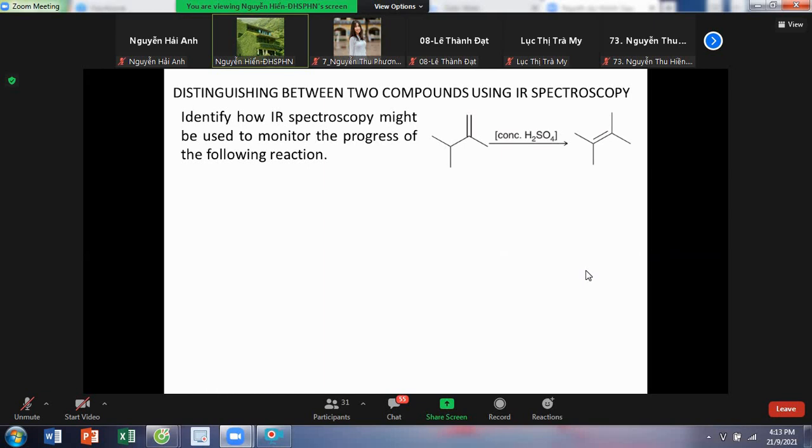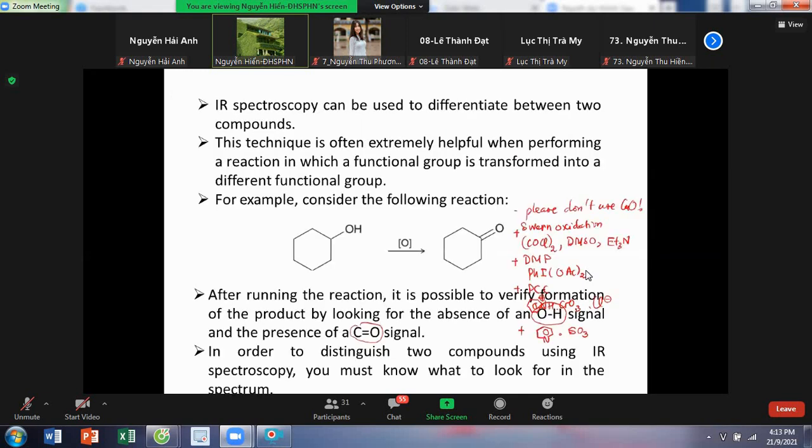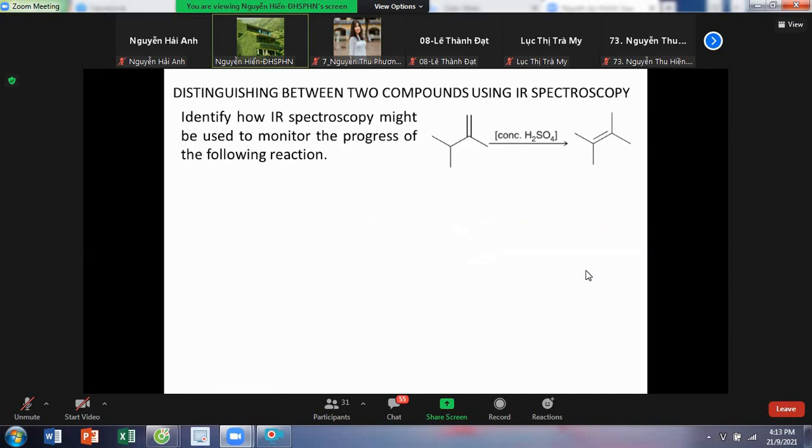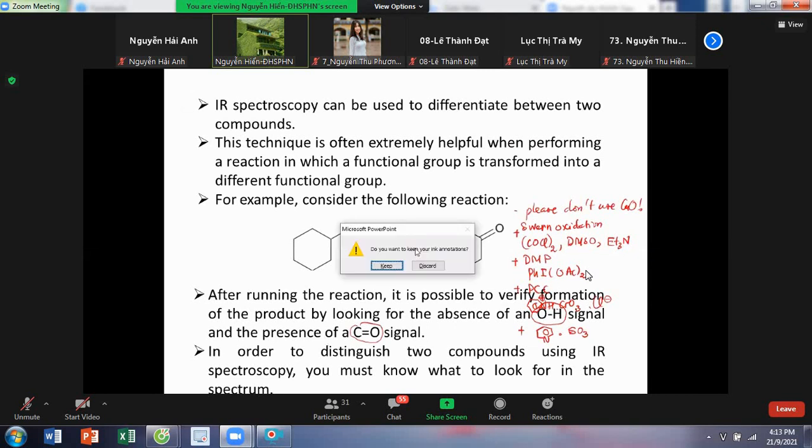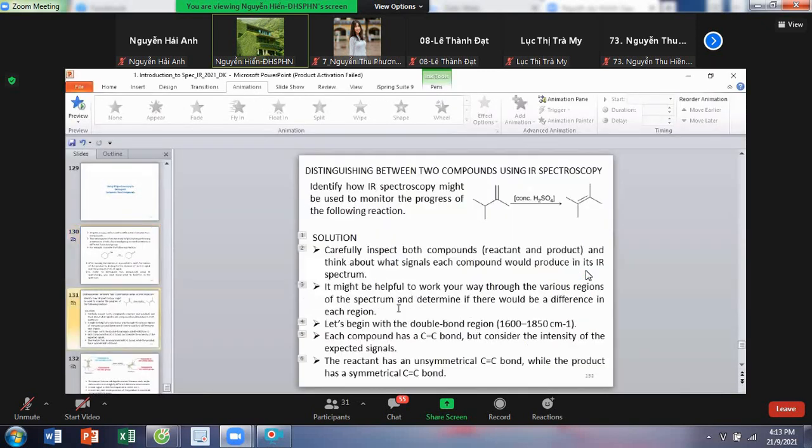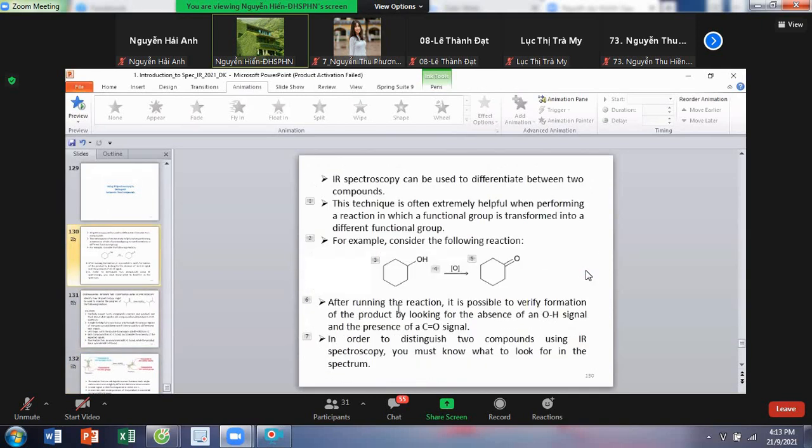Okay, so one more example. Oops. I think I have missed some slide. I think I have by accident deleted some slide, but I hope that you understand the application of infrared spectrum in this reaction.